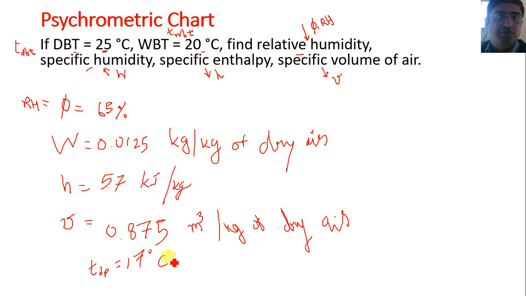So this is how you can find the value of various quantities with the help of this psychrometry chart.